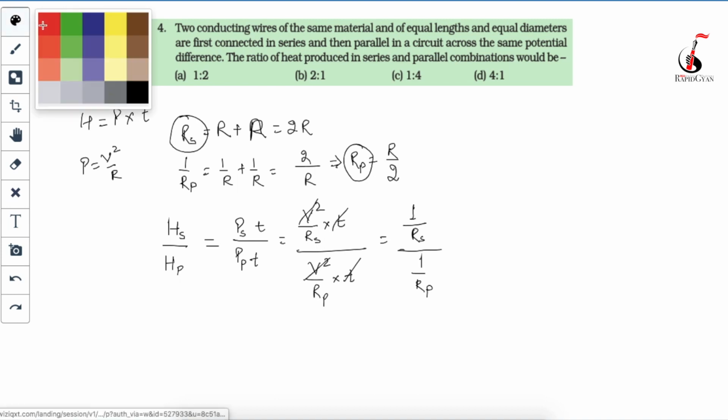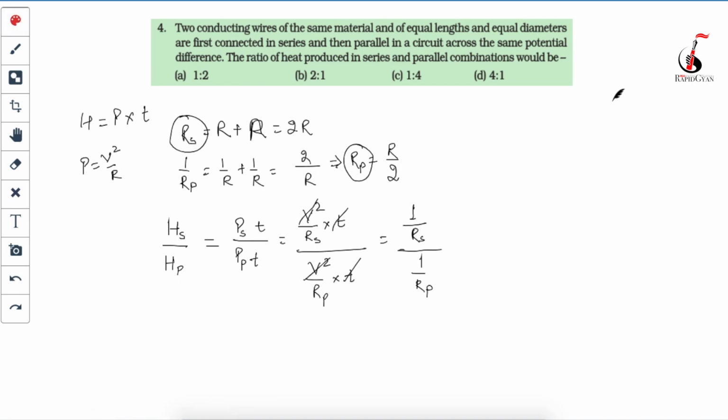Again, there is one thing I have told you: if anything is written in the form A upon B divided by C upon D, then D will go up and this will become A times D upon B times C. So what this will become is Rp will go up, so this will become Rp, the equivalent resistance in parallel, divided by Rs, the equivalent resistance in series.